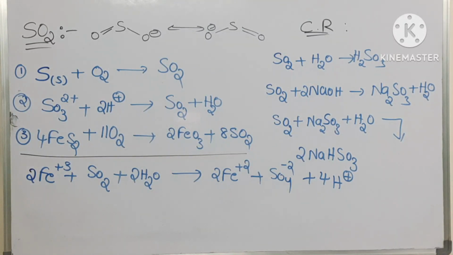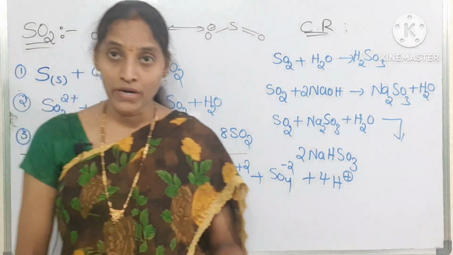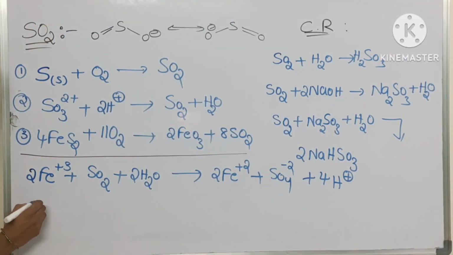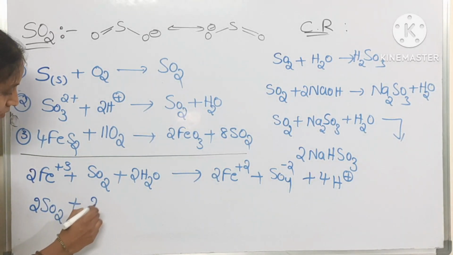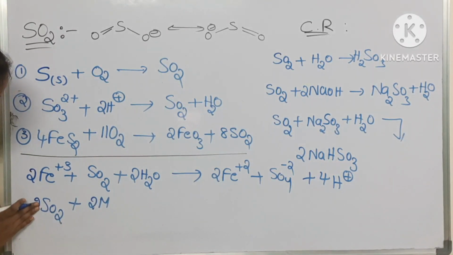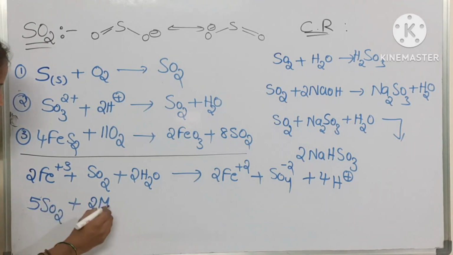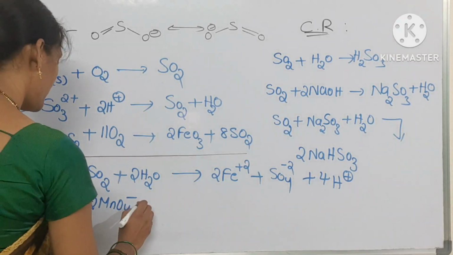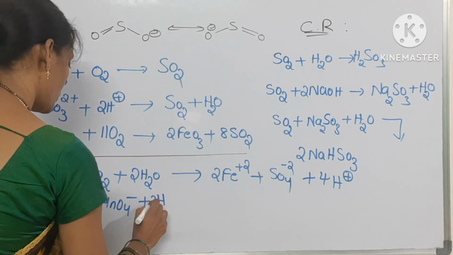And it also decolorizes the permanganate ion, see that reaction also. 5 moles of SO2 you can write here, with 2 moles of MnO4 minus and 2 moles of H2O.